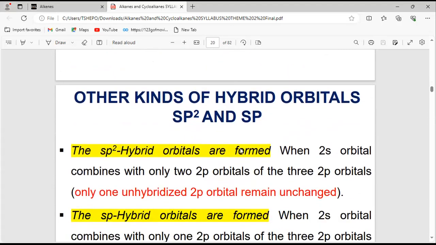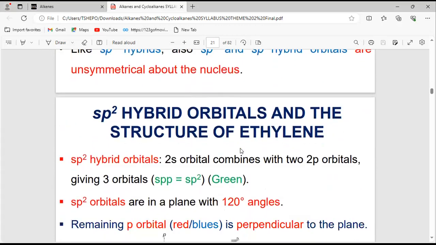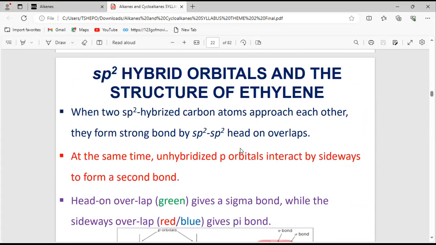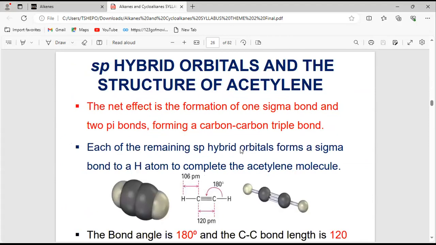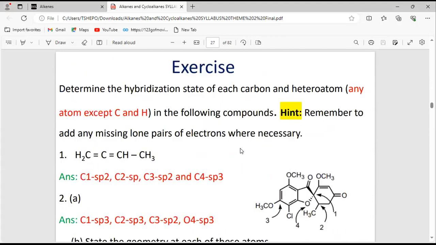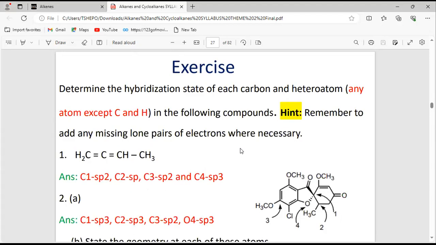And then the other kinds of hybrid orbitals, sp3, sp2 and sp, we have already spoken about. These are all hybridizations, okay? And then there's an exercise to task yourself on how well you understand all of these, how to spot the hybridization, whether it's sp, sp2, sp3, and so forth.